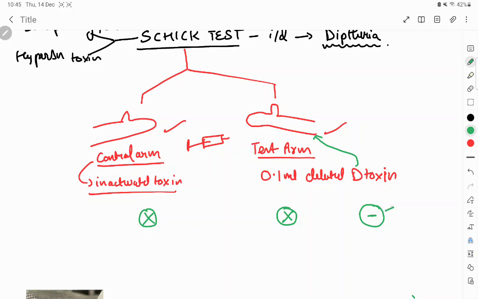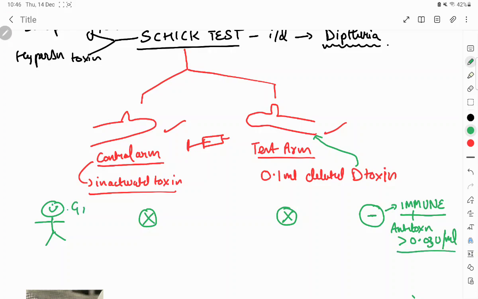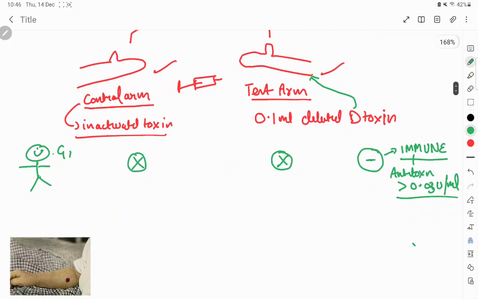A negative test suggests the patient is immune, meaning an antitoxin level of more than 0.03 units per ml. This is our guy 1. He is happy because he has an antitoxin of more than 0.03 units per ml, and he comes out negative after the Schick test.